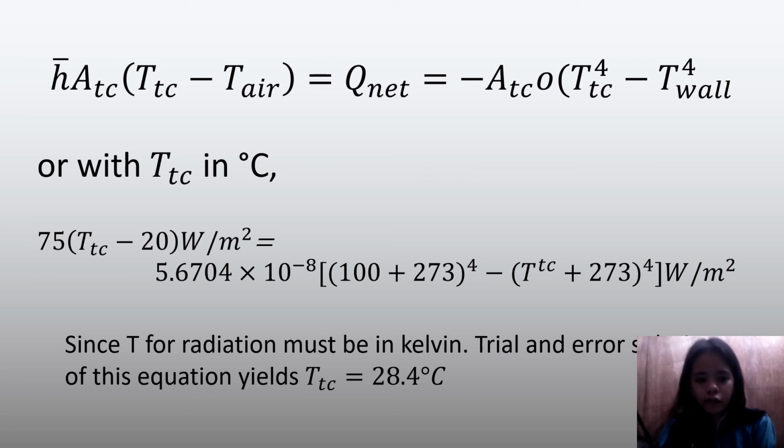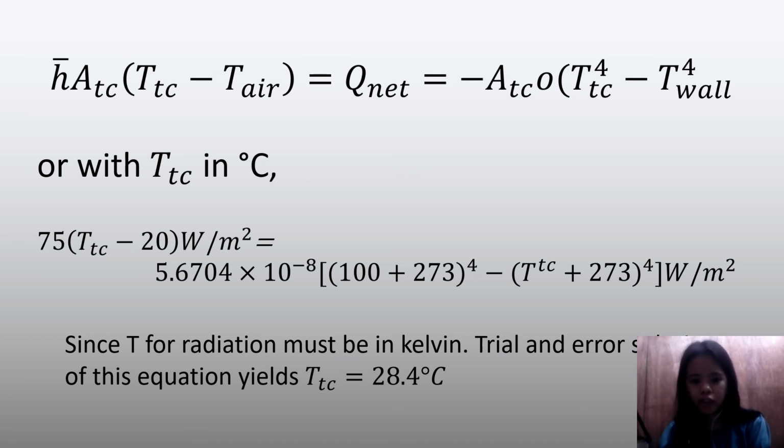So 75 times T_TC minus 20, in W per m squared, is equal to 5.6704 times 10 to the power of negative 8, times the quantity 100 plus 273 to the power of 4 minus T_TC plus 273 to the power of 4, in W per m squared.